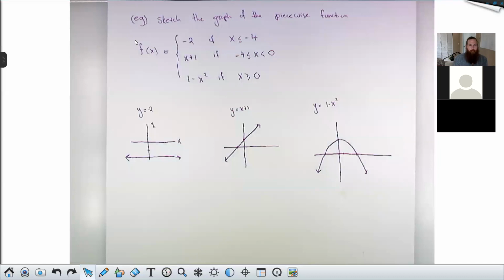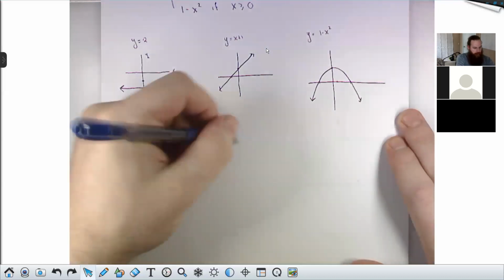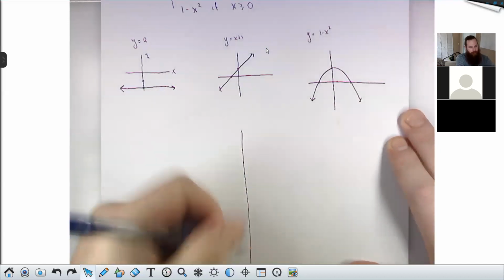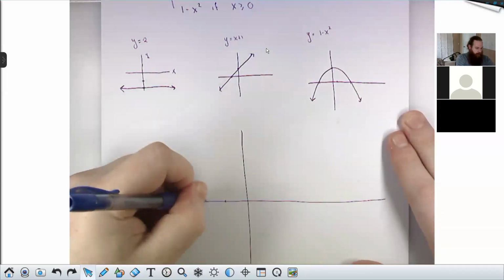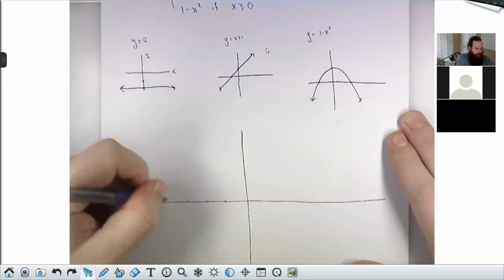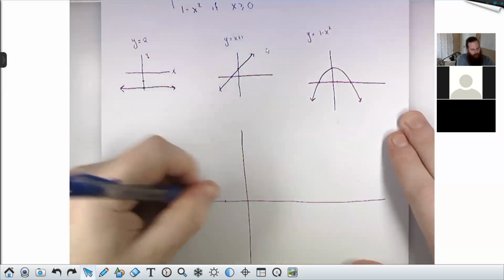My formula for f says f of x is equal to -2 if x is less than or equal to -4. So I'll come down here and start drawing my big graph, f. I'll mark this as 1, 2, 3, 4, so that's -4.